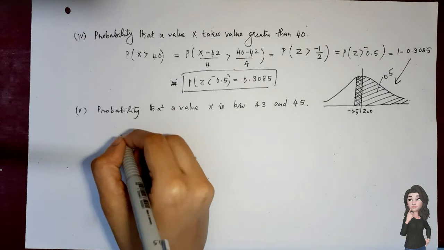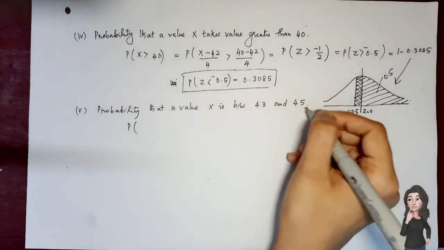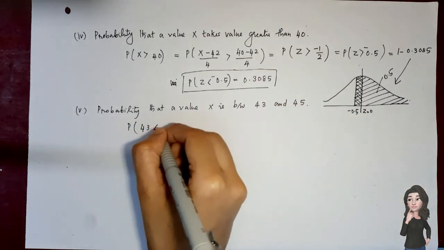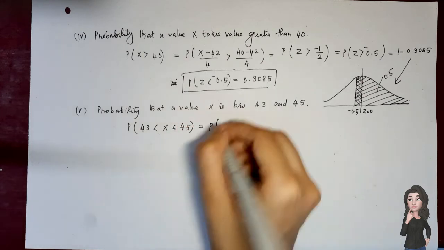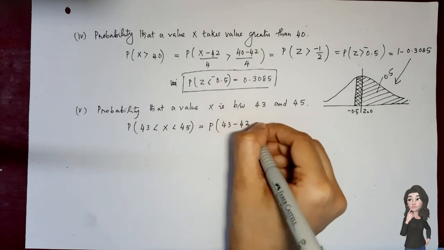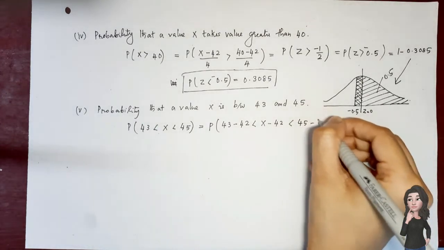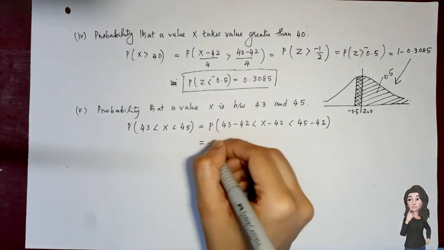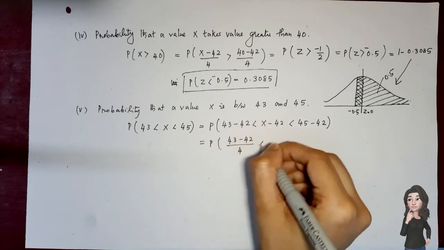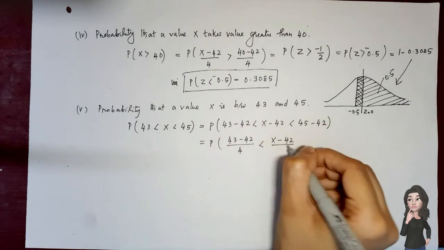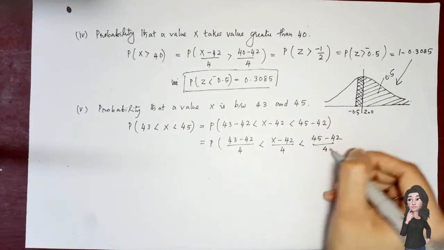So 43 less than x less than 45, which is equal to the probability of 43 minus 42 less than x minus 42 less than 45 minus 42, which is equal to the probability of (43 minus 42) divided by 4 less than (x minus 42) divided by 4 less than (45 minus 42) divided by 4.